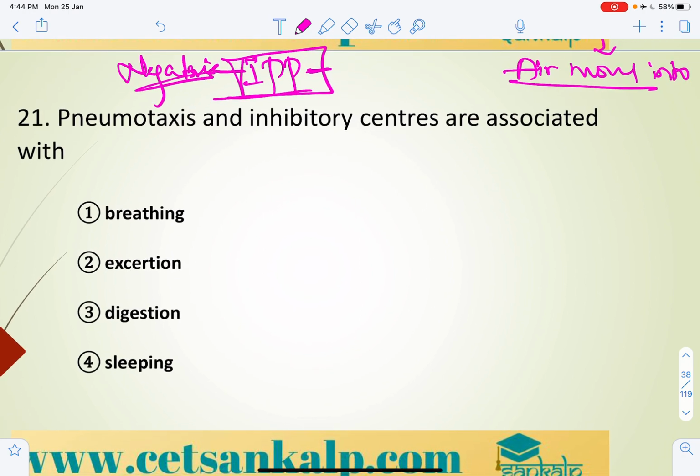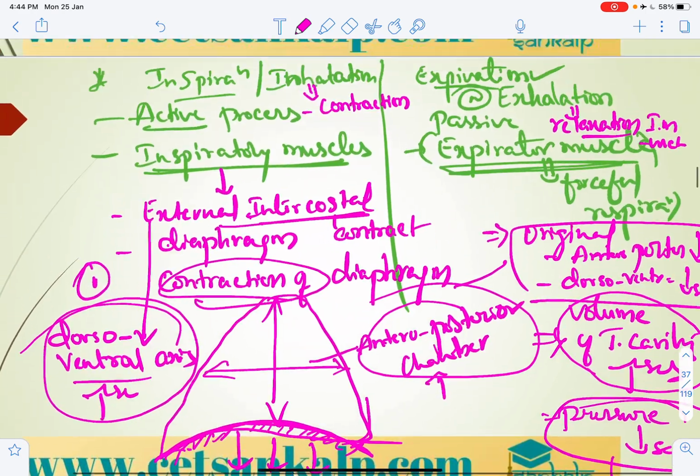We discussed that there are mainly two centers which control or regulate respiration. In case of regulation, I will just mention it because of the question, we'll take that up. So inspiration and expiration we finished.